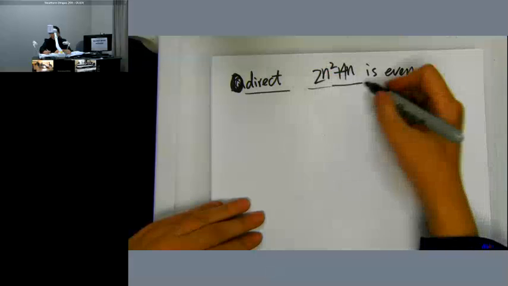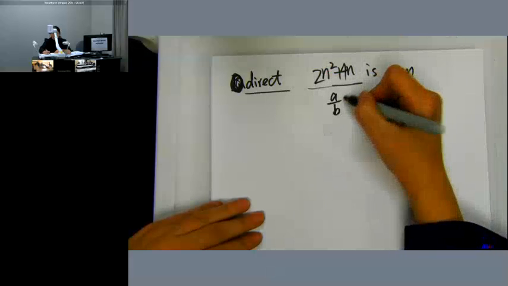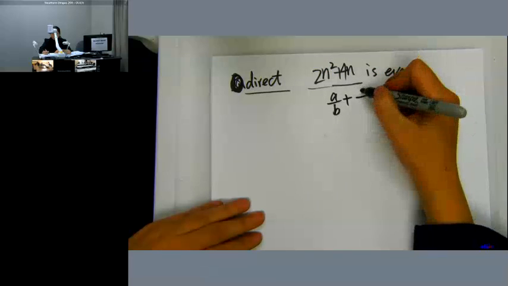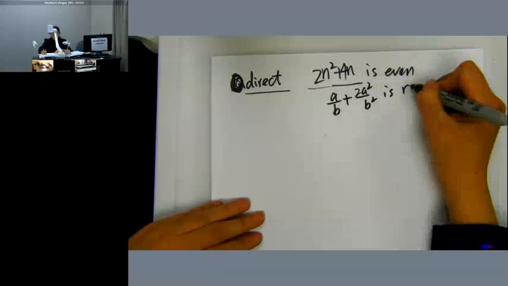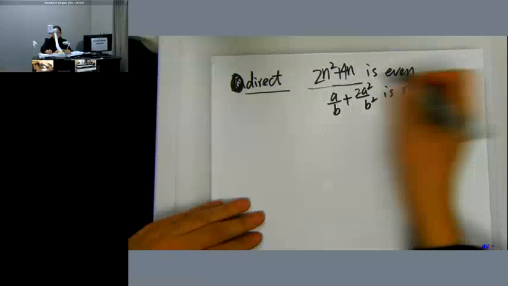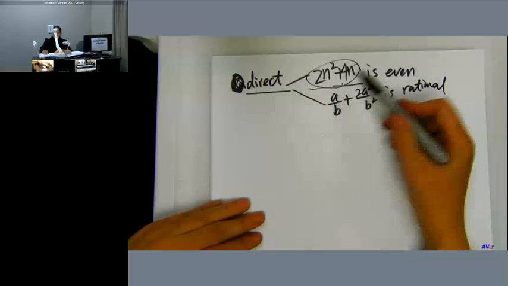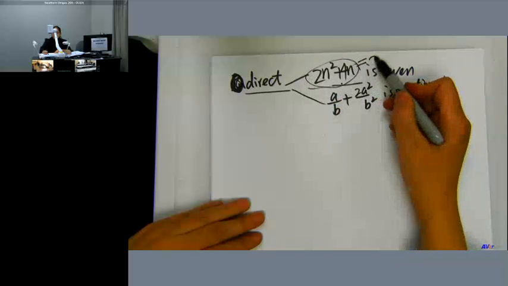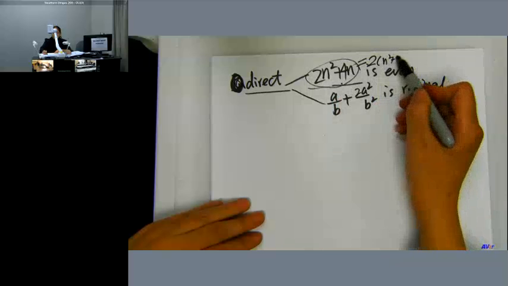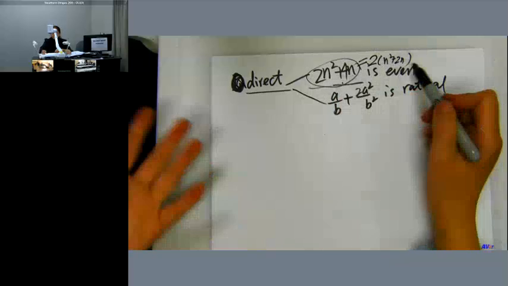This type of question. And prove A over B plus 2A squared over B squared is rational, that type of question. We could prove these questions directly. How do you prove a number is even? Factor 2 out, right? If you can factor 2 out, well, that's even.